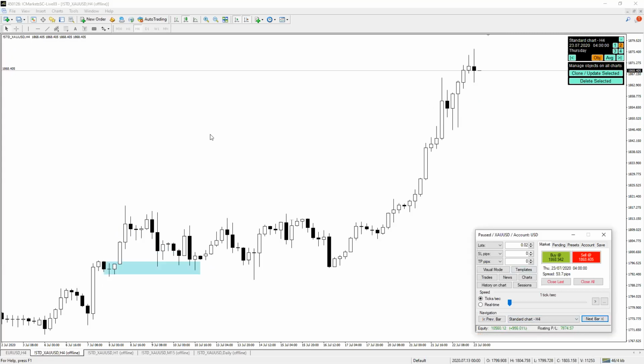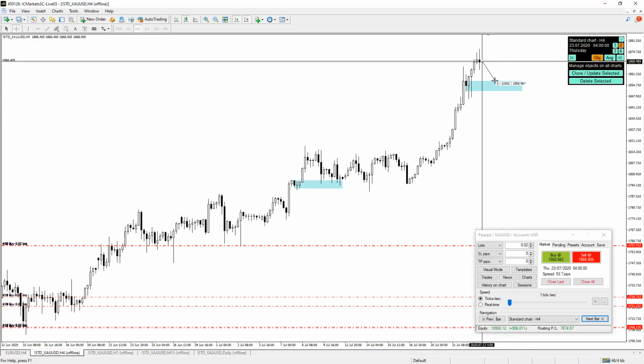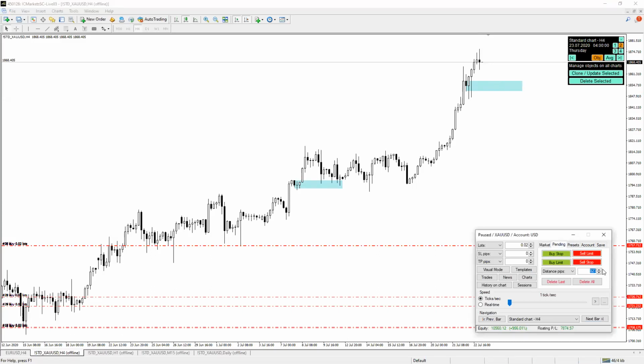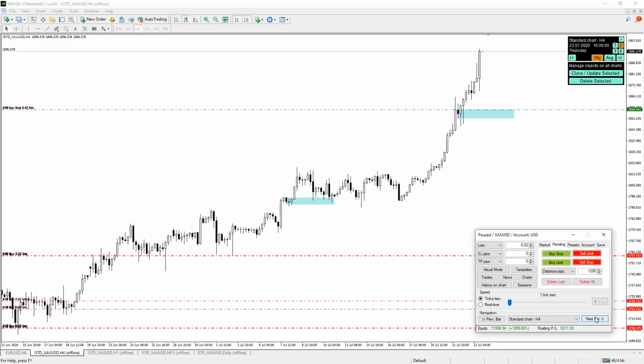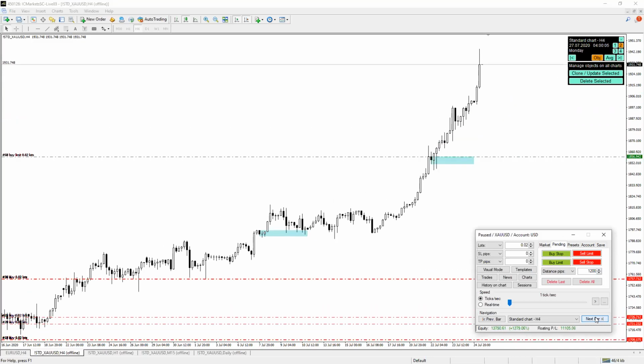So we have another zone here to work with, another 4-hour zone. So we can place pendings anywhere around here. Given the momentum, it seems like the momentum did not have anything about pulling to such kind of area.